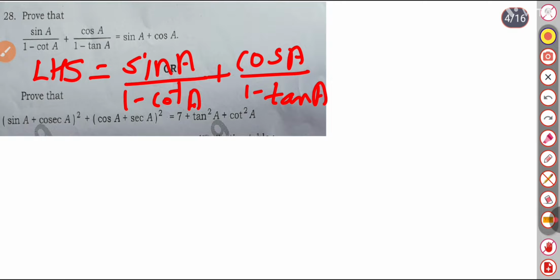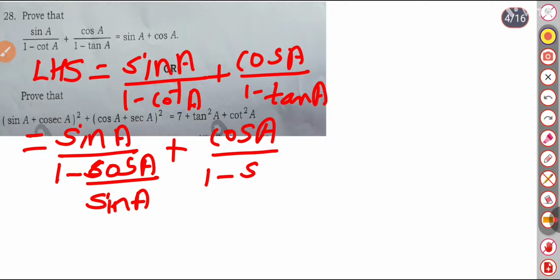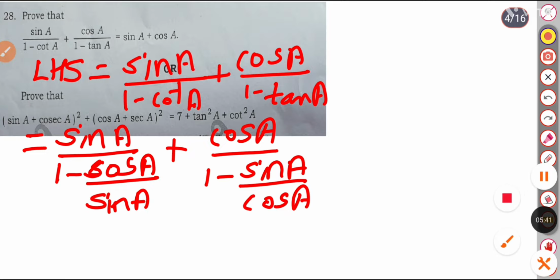For this, we have to convert all the ratios into sin and cos form, then only it is easy to prove. So this is equal to sin A as it is by 1 minus cot A, which I'll write as cos by sin, and plus cos A as it is, and 1 minus tan A will be sin by cos A. After this, we'll take the LCM of the first denominator and also the LCM of the second denominator.